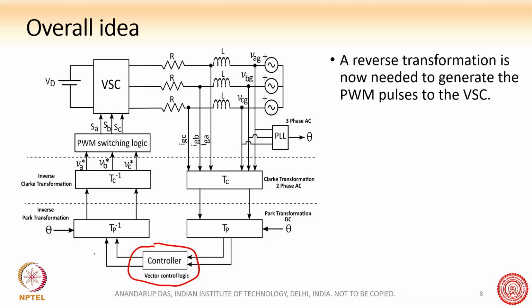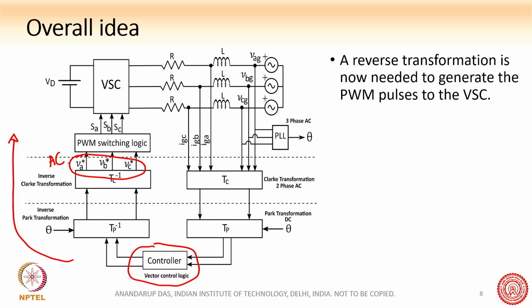So this DC now needs to be converted back to AC. You can see here, these are the AC quantities: VA star, VB star, VC star. If you remember from one of the previous discussions, this is the modulating waveform, and these are three-phase AC quantities.